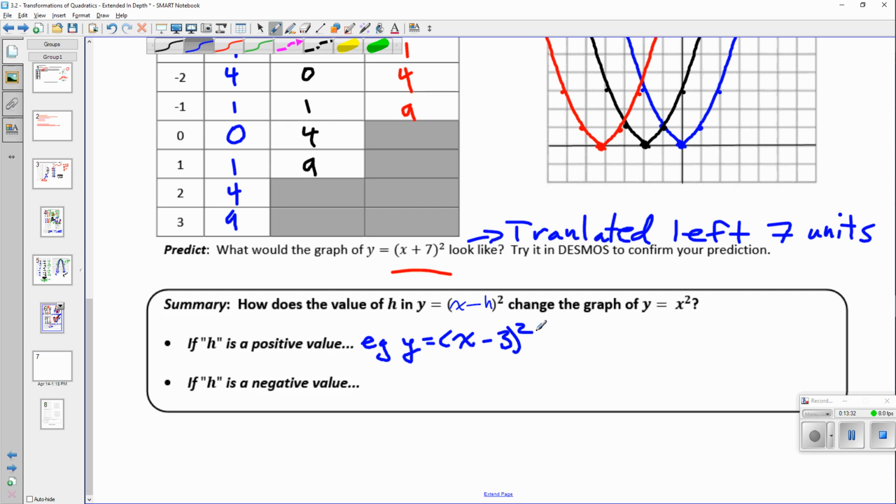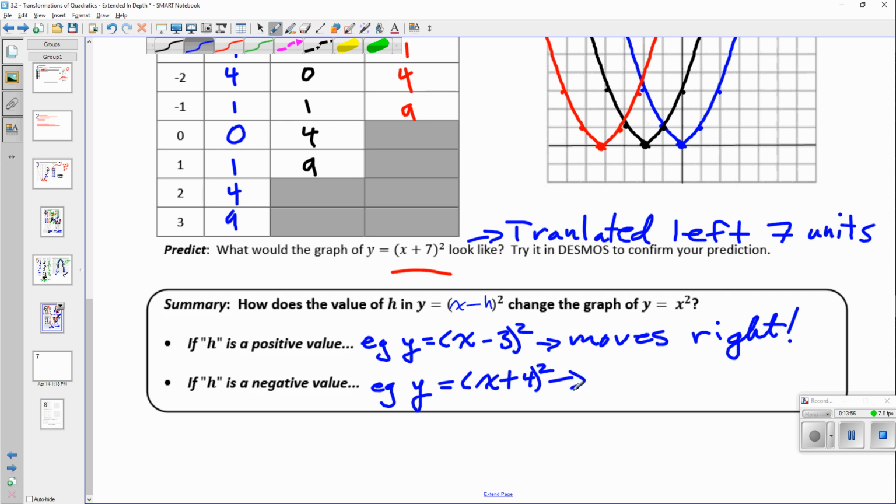So this tells us it moves right. Our graph moves right. Now if h is a negative value, a negative of a negative gives me positive. So we get y is equal to x, say, plus 4 squared. So what does it move?